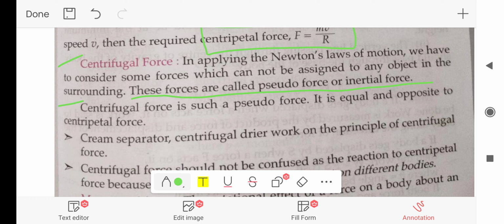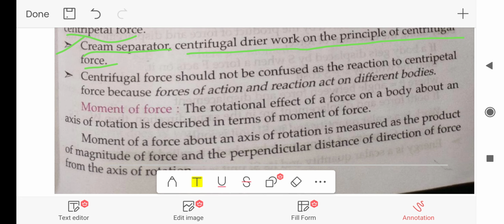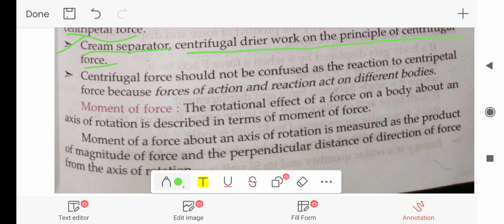It is equal and opposite to centripetal force. Cream separator and centrifugal dryer work on the principle of centrifugal force. Centrifugal force should not be confused as the reaction to centripetal force because forces of action and reaction act on different bodies.